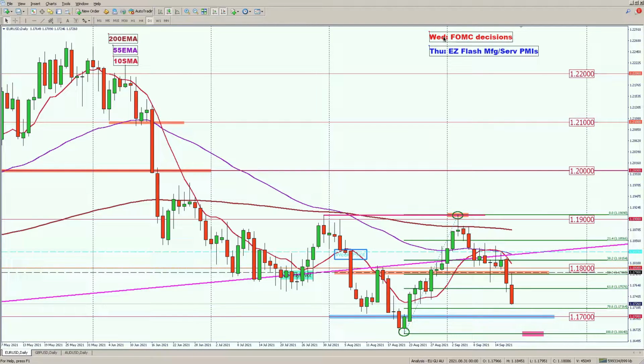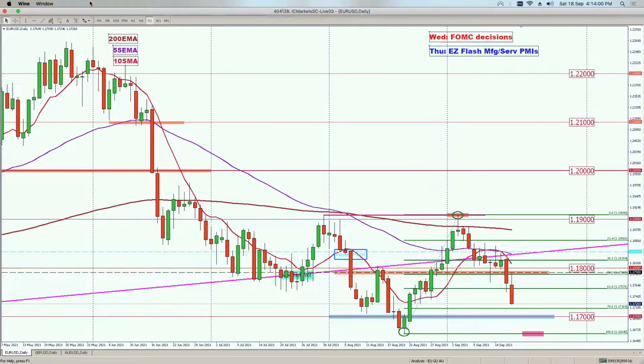So many are expecting November, could be as late as December. That's a key one for this week across all the major pairs and all the major economies. There are also the flash manufacturing and services PMIs on the Thursday.